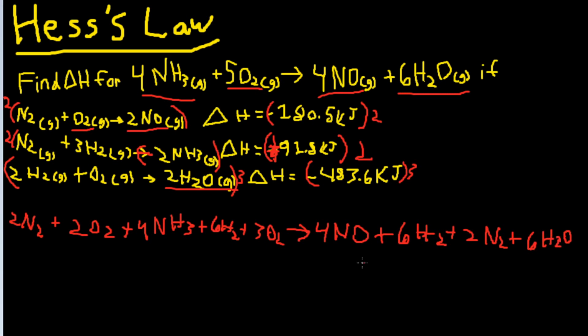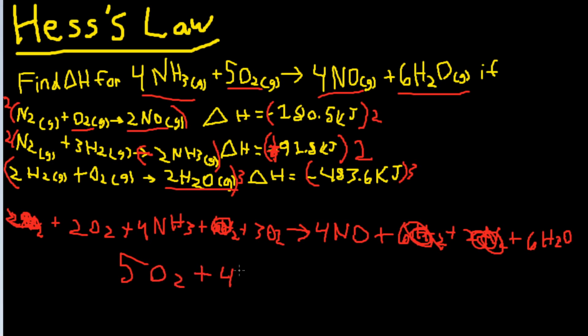Now at this stage of this problem, I know it looks really jacked up because I wrote it, but we will need to do some multiplication up here, and we're going to need to do some canceling over here. So first let's do the canceling just to keep it simple. These are obviously spectators because they're on both sides, and then the hydrogens are also spectators because they're on both sides.